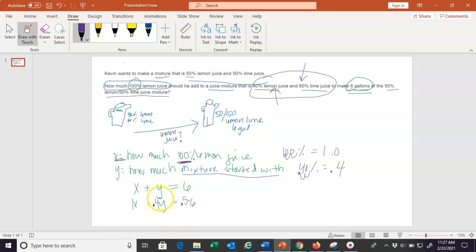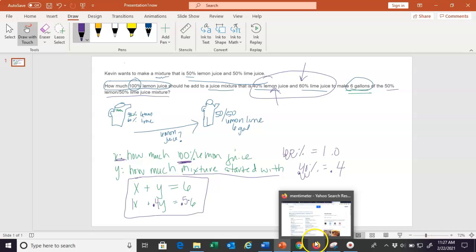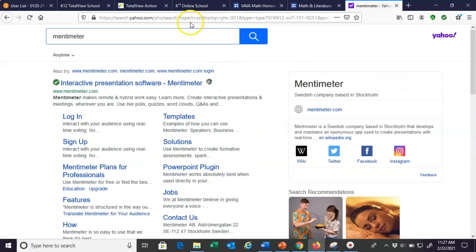Now that you have the two equations, you know there's multiple ways to solve this system. We could do substitution, we could do elimination, and we could graph it. So it's kind of up to you. I'm going to show you graphing because I think it's a worthwhile technique.